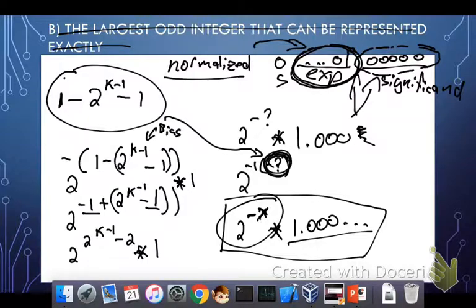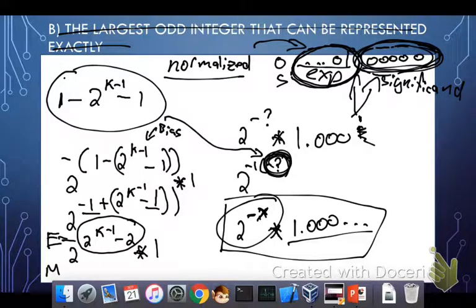Okay, so what's this bring us to? Well, this is our exponent, so that's our e. Again, I'm all over the page here. You need to clean this up in your answer. So e is going to equal 2 to the k minus 1 minus 2. What's my m? Well, my m is all of these bits over here plus the implied 1 in front of it.